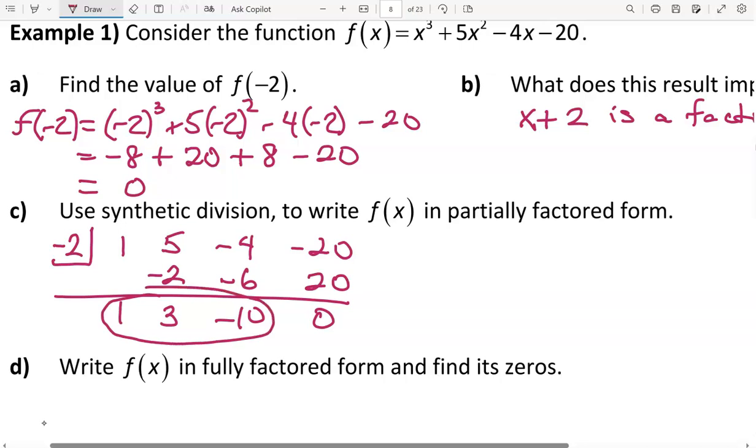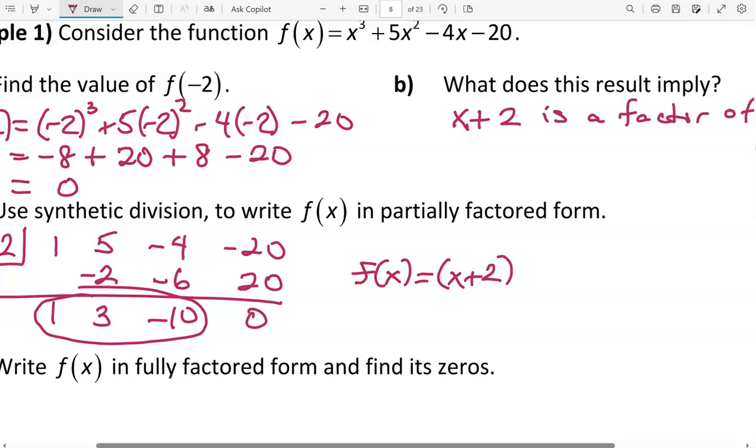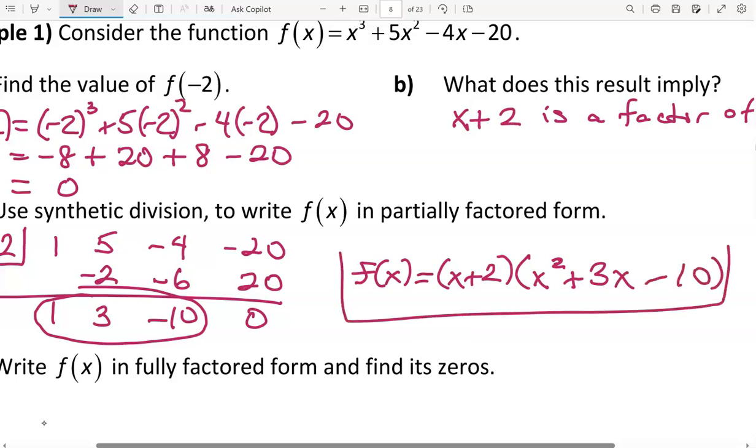The result is that f of x factors into the divisor, x plus 2, times the quotient, x squared plus 3x minus 10. So there's a partially factored form.